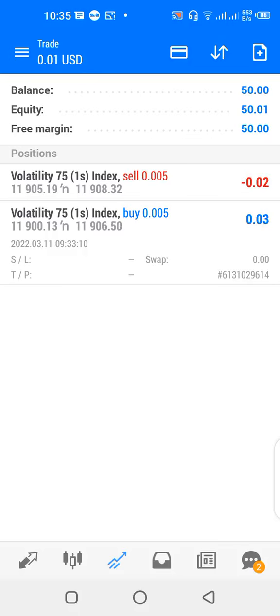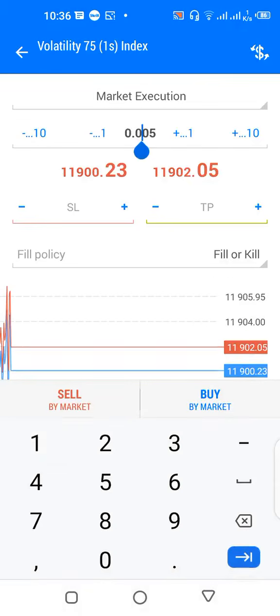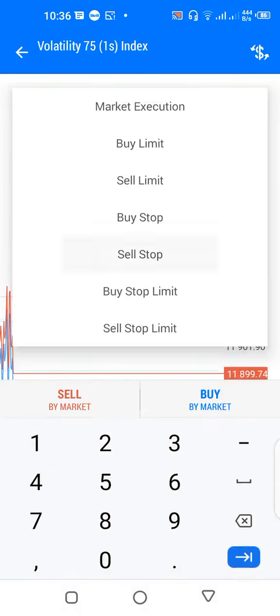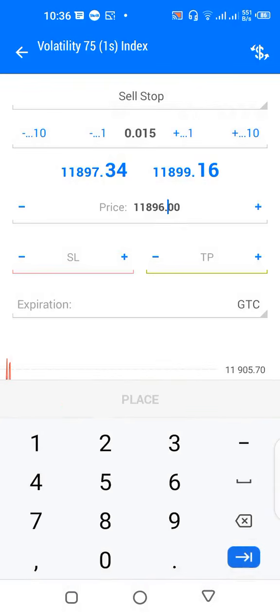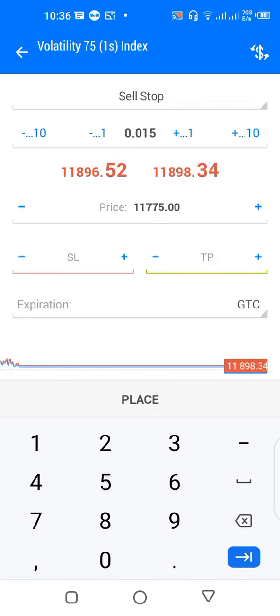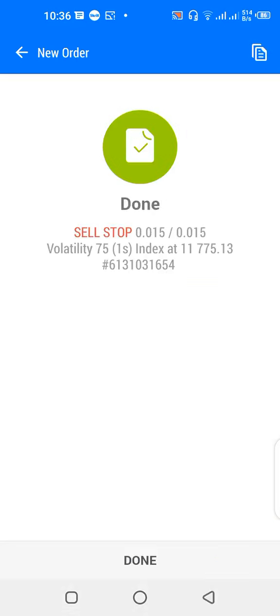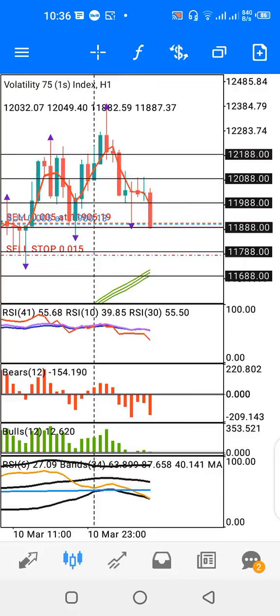So 125 points will be 11775.13. So that's placing a sell stop at 11775.13.